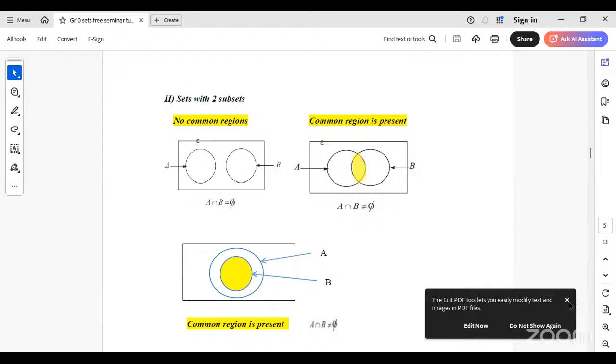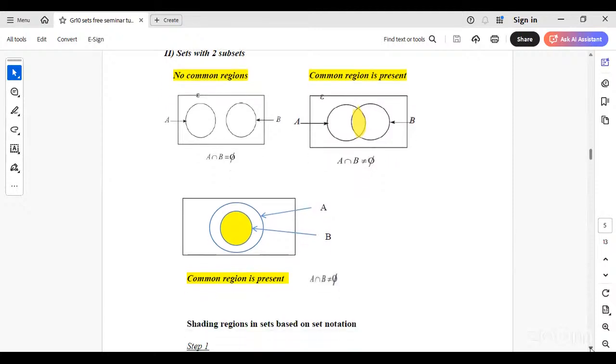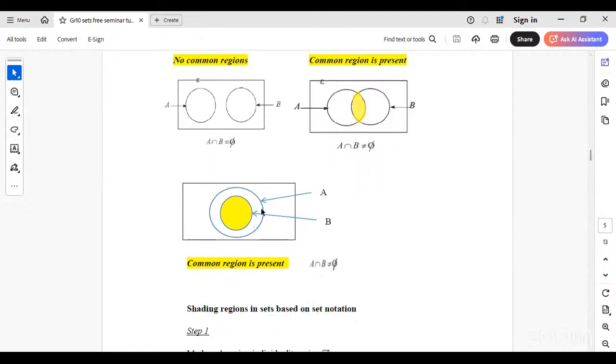Then this type of set is also there. Third type: you have A outside and B inside of A. You have a common region, right? This yellow colored part is the common region. Here, the elements of A are there, but the elements of B belong to both A and B. Why?